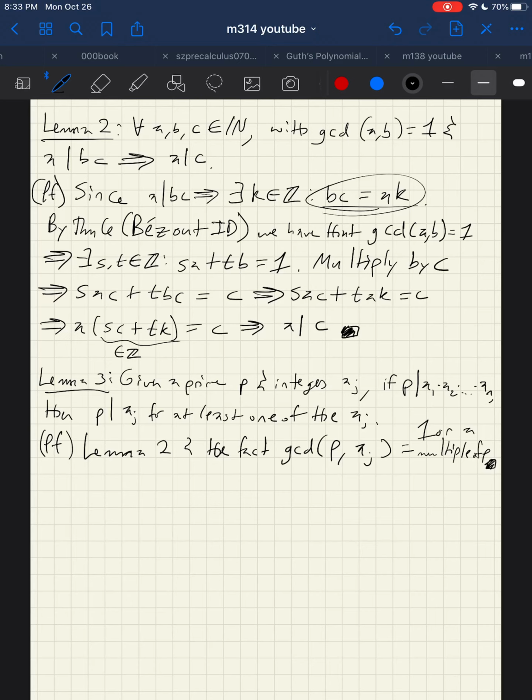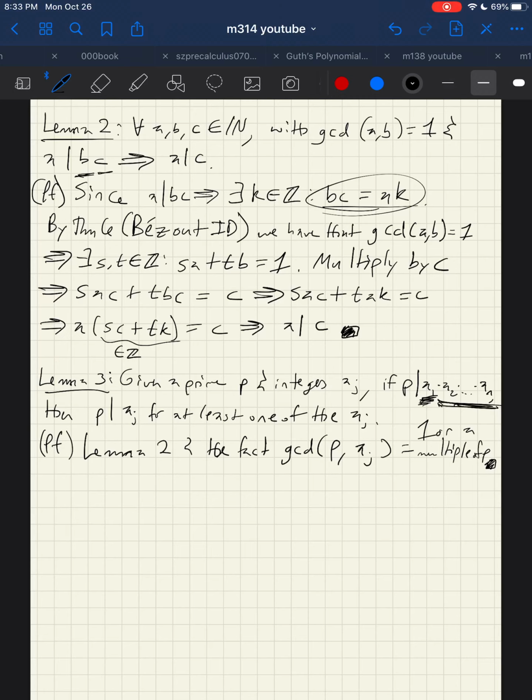Okay, so that's not the complete proof, but what we do is apply lemma 2 to a1 and the rest. So if p divides a1, then we're done. If p doesn't divide a1, then we treat a1 as our b and the rest of this as our c.